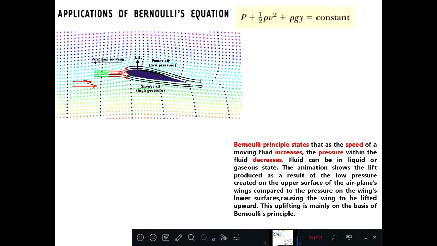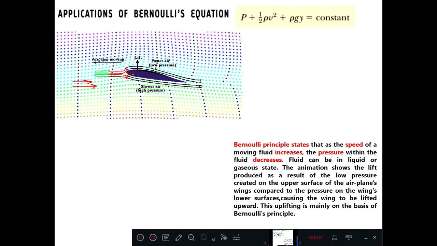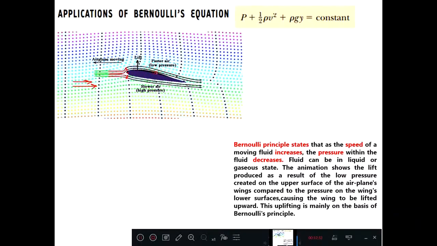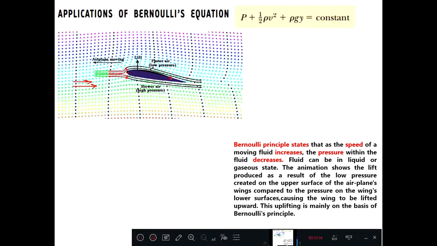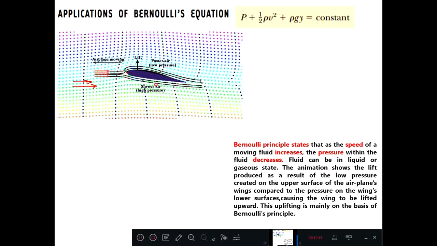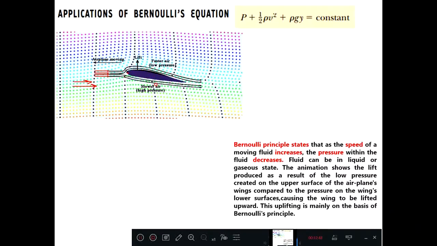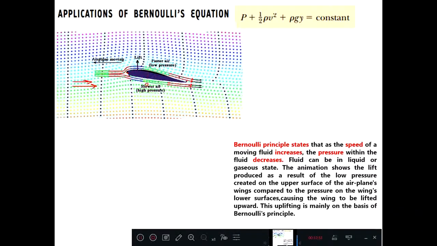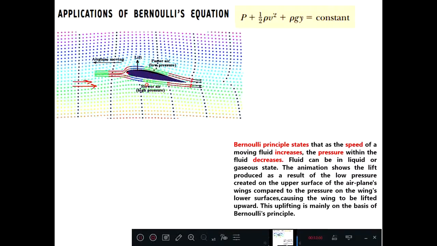Whenever the air particles come and hit the wing, the air on the upper surface should move faster than on the lower surface. Okay, as the speed above the wing is greater than that below the wing, the air pressure above the wing is less than the pressure below, and the net upward force on the wing is called the lift.